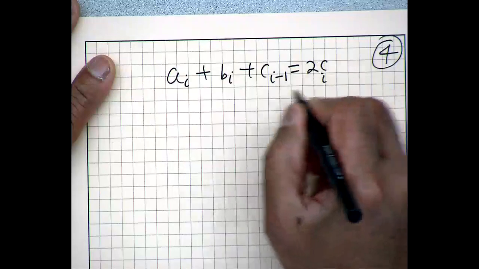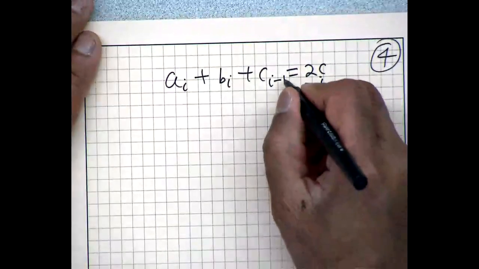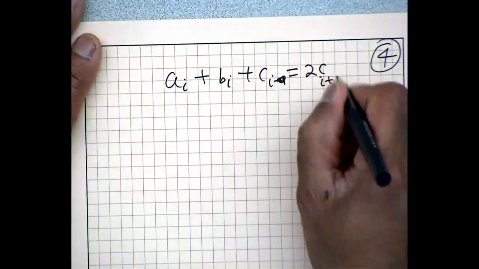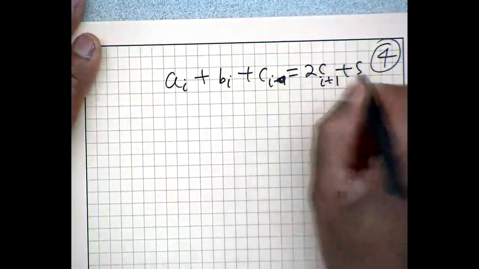It probably doesn't matter, you can put either way. You can put i here and i plus 1 here, plus Si.